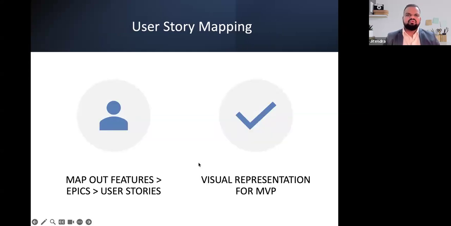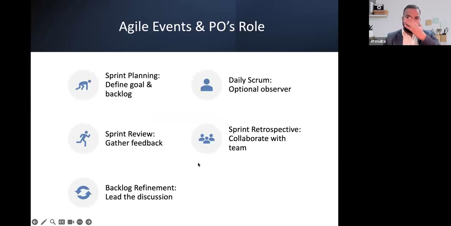Okay. Then after you write your story, there's something like story mapping. And if you talk about any Agile or Scrum event, you have a specific role. For example, when I talk about sprint planning, what do you have to do as a product owner?